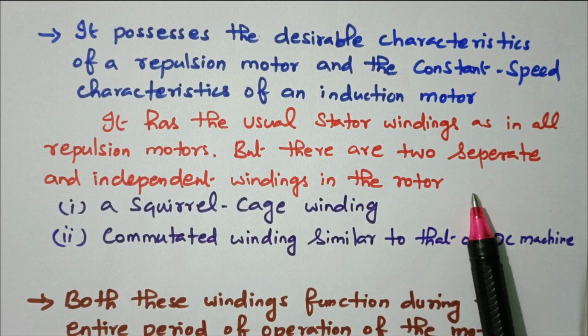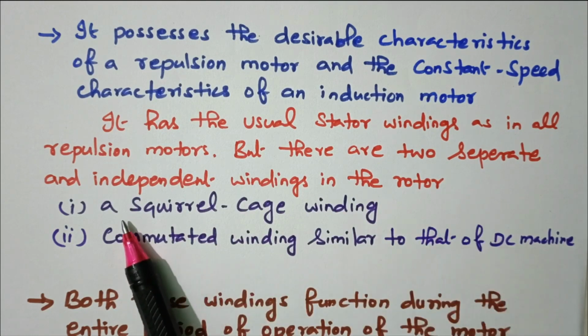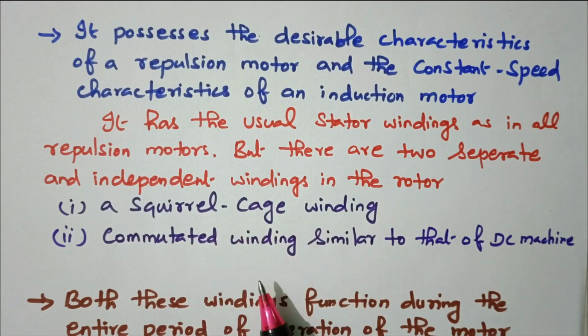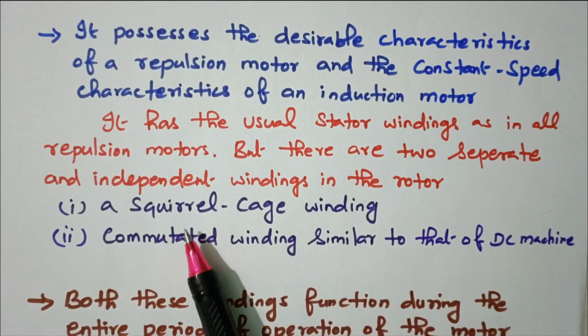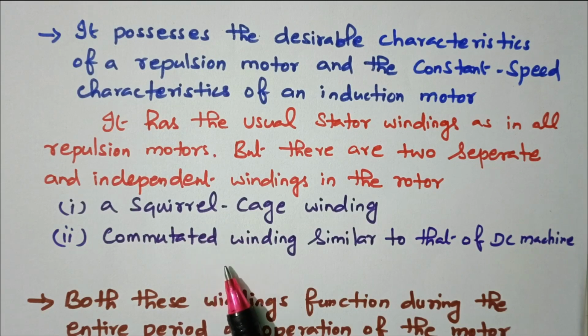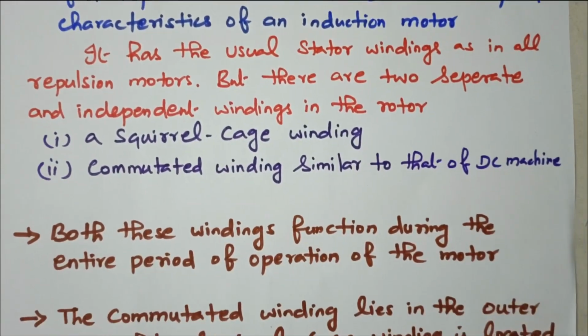One is a squirrel cage winding, and the second is a commutated winding, similar to that of a DC machine. Now we'll see the further details.